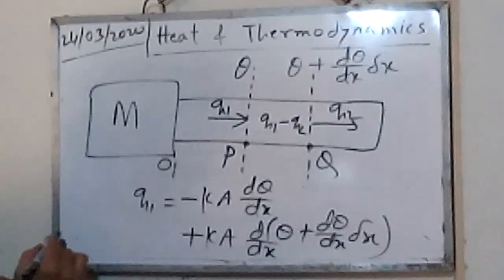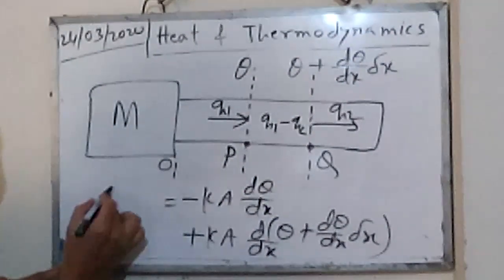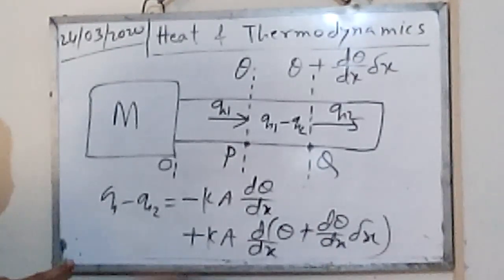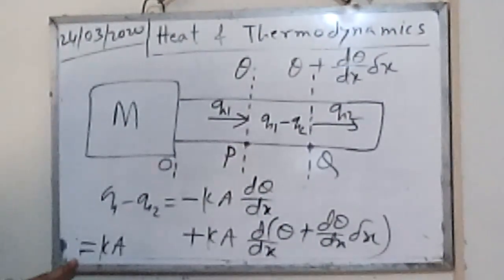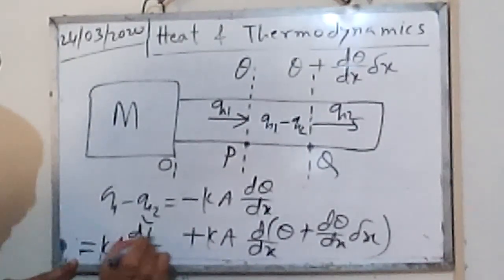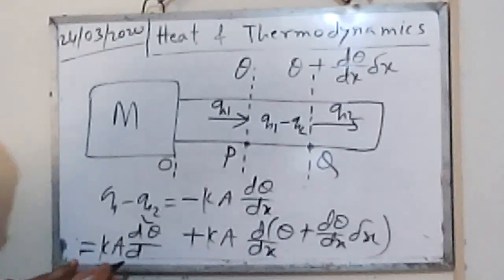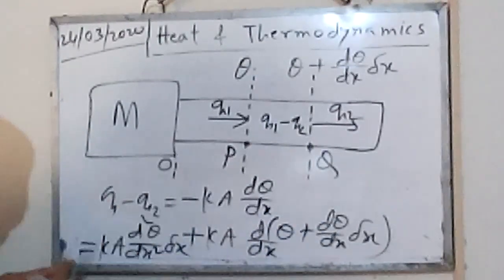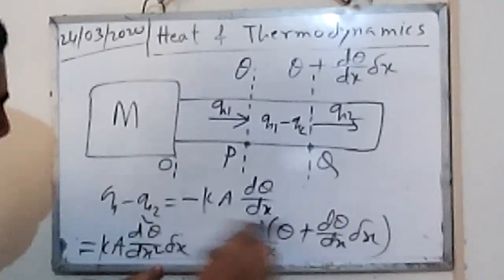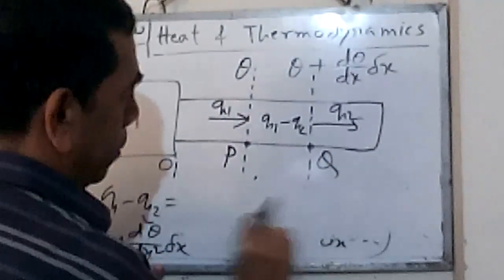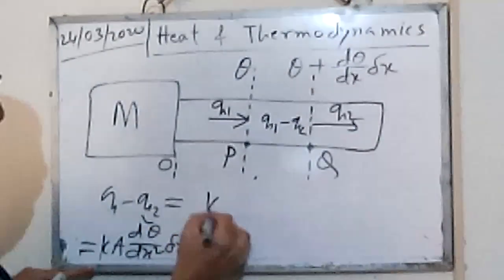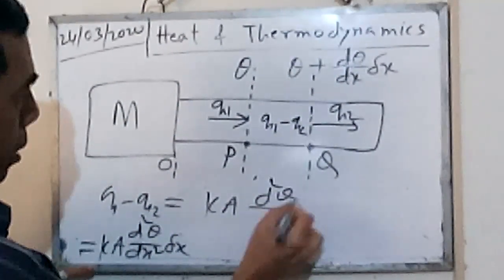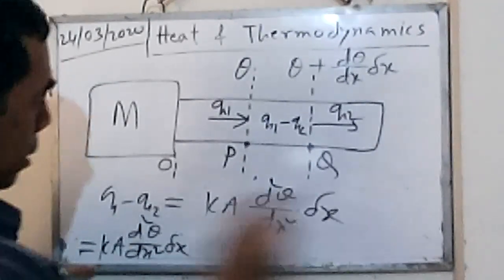Simplifying this equation, you will get Q1 minus Q2 equal to Ka d square theta by dx square del x.